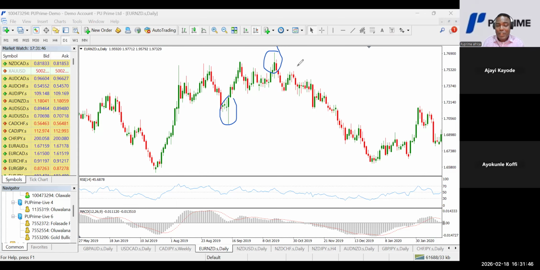If you check a lower time frame, it may form a chart pattern. So it's not as if one supersedes the other. It's just how the market is reacting. Don't forget that the market is moving based on the forces of demand and supply. So these patterns are just the activities of the market, the activities that can point us to the next direction of where the price is going. I hope that's answered the question, Mr. Dauda.